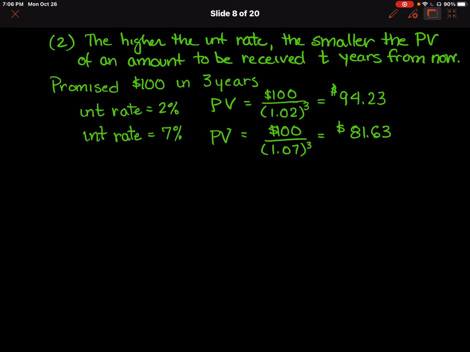So probably obviously, because the interest rate is what's included in the denominator, if the denominator gets bigger in a fraction, then the whole fraction becomes smaller. So from a mathematical point of view, we should expect that our statement is true.